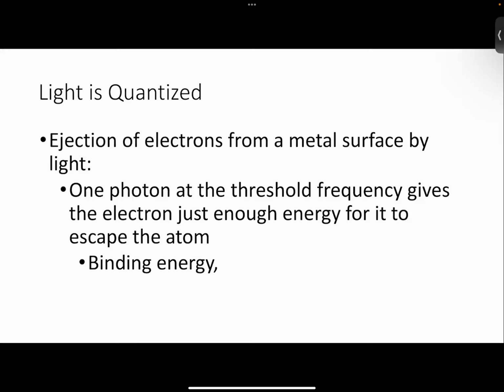Just like the hydrogen atom, we'll get to that in just a moment. But in order to do the photoelectric effect, we have to break that attraction between the electron and the nucleus, and you had to supply it with just the right amount of energy to break that attraction.